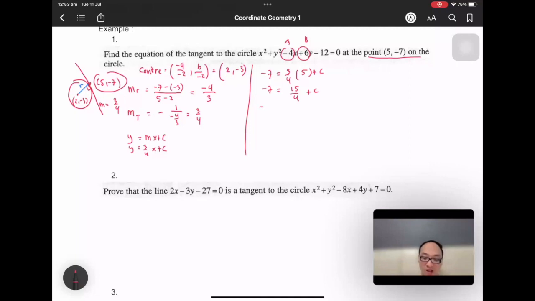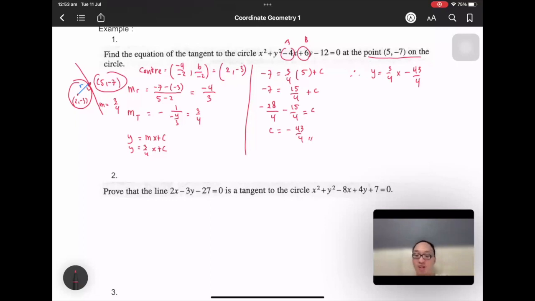I make the denominator the same: negative 28 over 4 minus 15 over 4 equals c. So c equals negative 43 over 4. So the equation of the tangent is y equals 3 over 4 x minus 43 over 4.